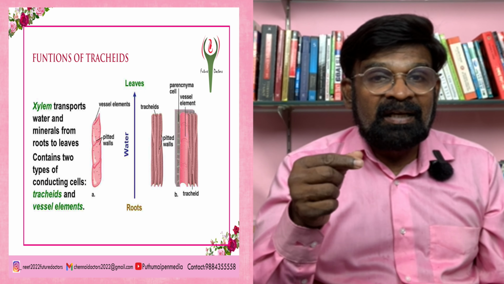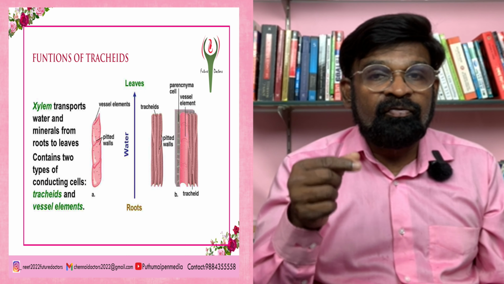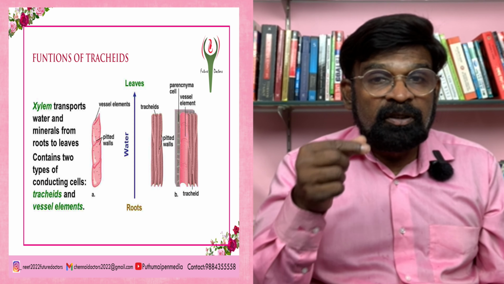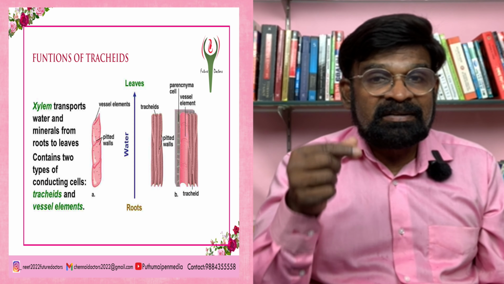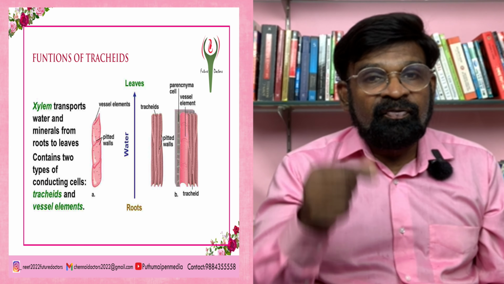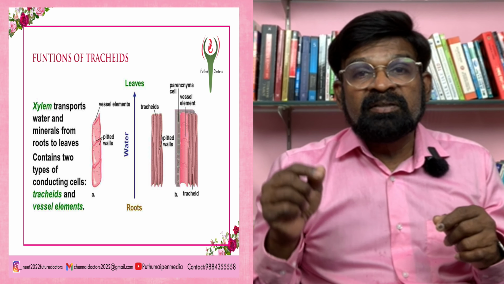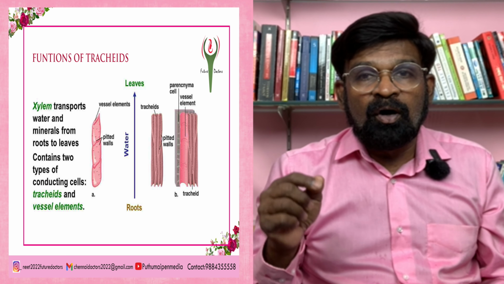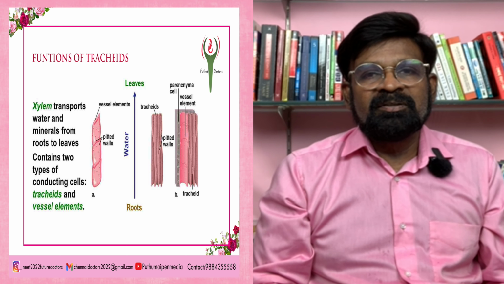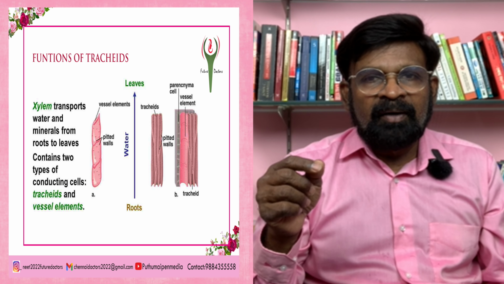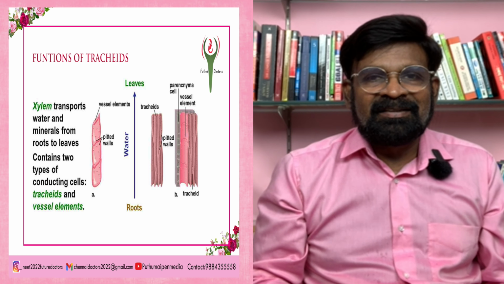The vessel cells are also devoid of protoplasm. Gymnosperms lack vessels in their xylem. Xylem fibers. Sclerenchymatous fibers associated with the xylem are called xylem fibers. The xylem fibers provide mechanical strength.